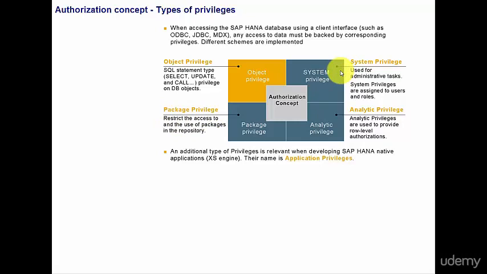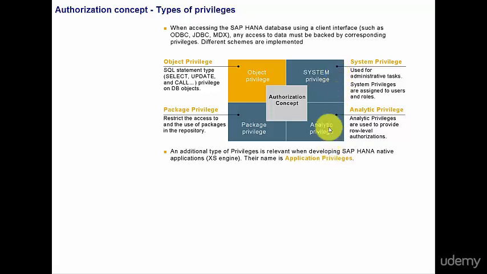System privileges are for activities inside the system, for example, creating schemas, administration, running certain queries for administration, and restarting and starting the database, and a host of other activities which an administrator needs to do. Even a developer needs certain system privileges to do certain activities.